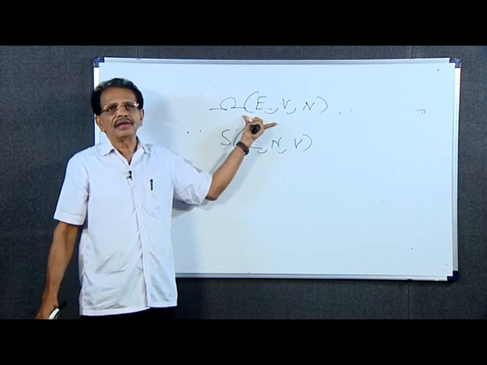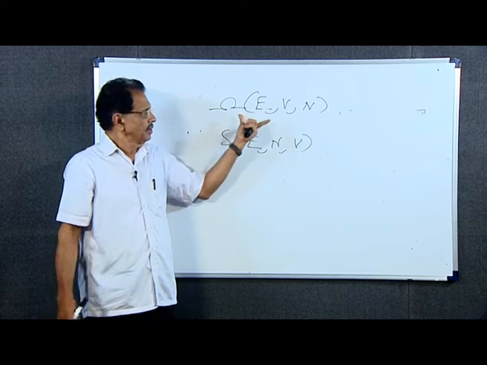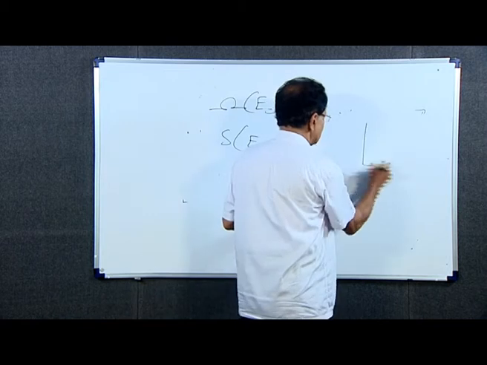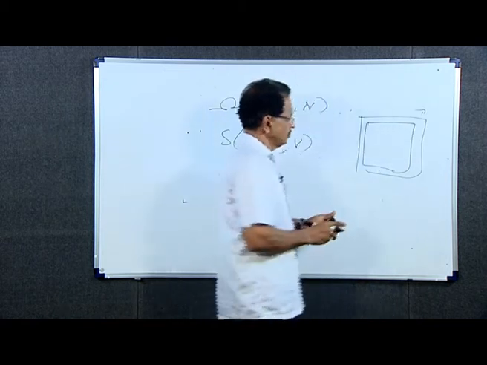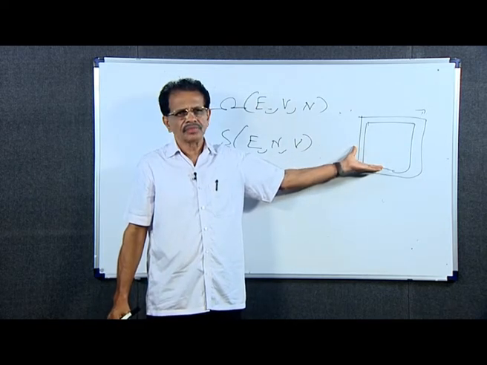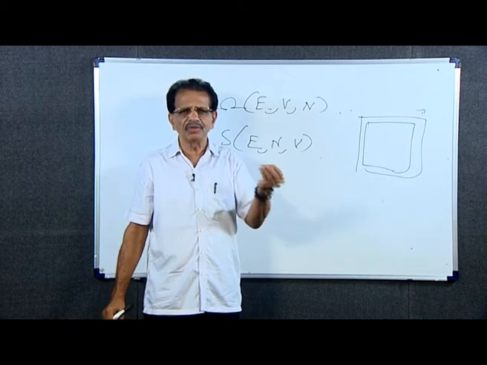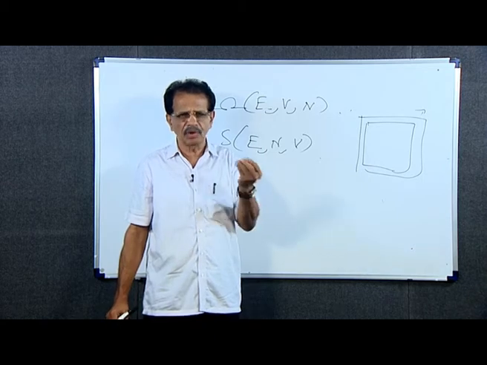Statistical weight gives you the number of microstates, and for an isolated system that we are discussing, if there are so many microstates possible, all the states are equally probable.